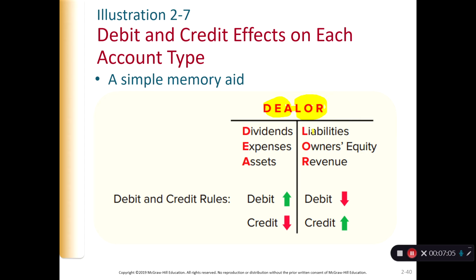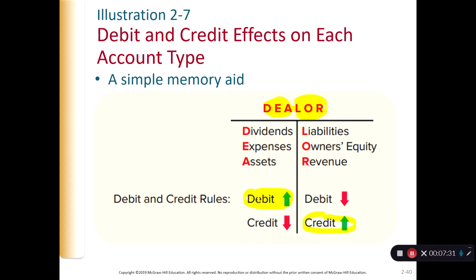In other words, DEA is going to be debited when it's increasing. LER is going to use the credit side when it's increasing. DEA stands for dividend, expense, and asset. When you have an increase in dividend, expense, and asset, you remember to debit it.